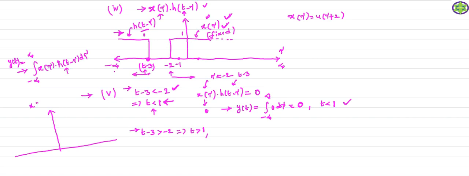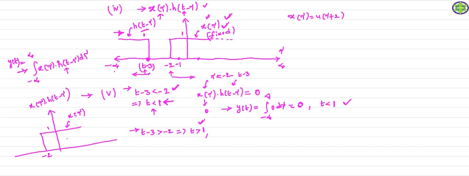So this is x of tau and this is h of t minus tau. Whenever your t is greater than 1, this is your x of tau, which starts at minus 2. And I consider h of t minus tau for t greater than 1.